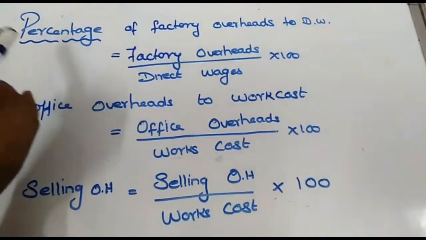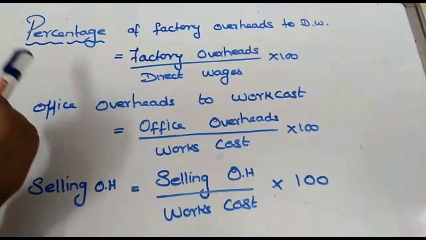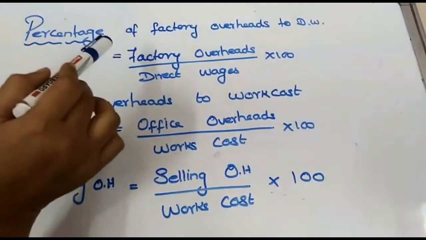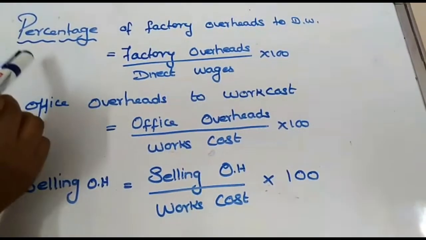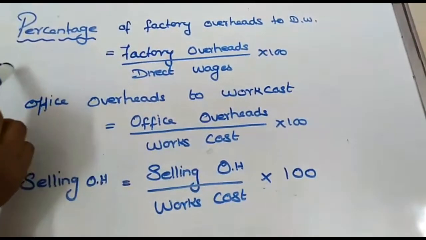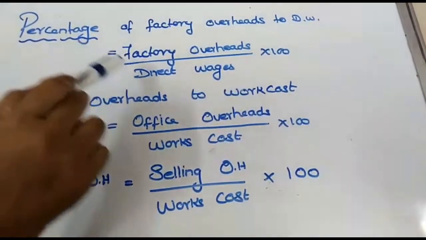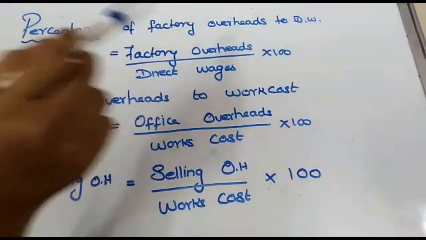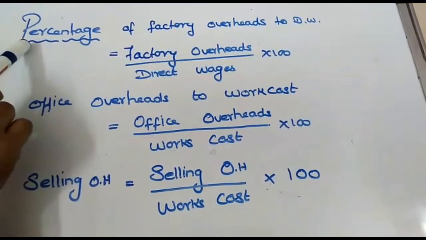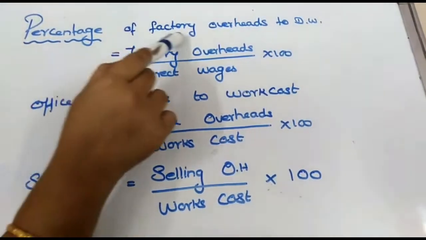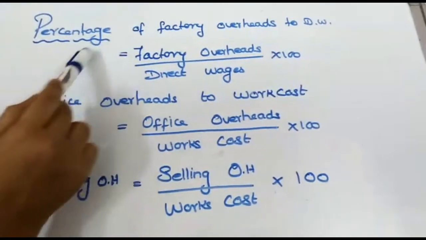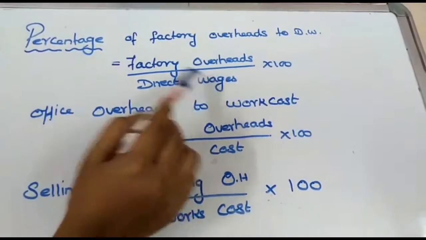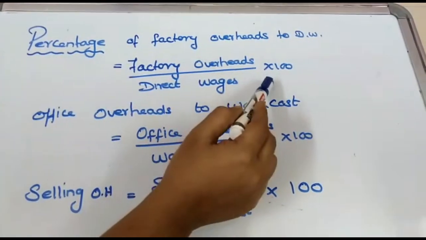By adding our opening stock and lessing our closing stock with the production, we can get the number of units sold. In any problem, if you are asked to calculate the percentage of works expenses to wages or percentage of general expenses to work cost, what do we have to do? We have to apply these formulas. The percentage of factory overheads to direct wages is factory overheads divided by direct wages into 100.